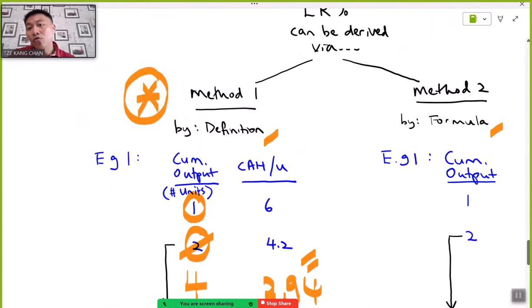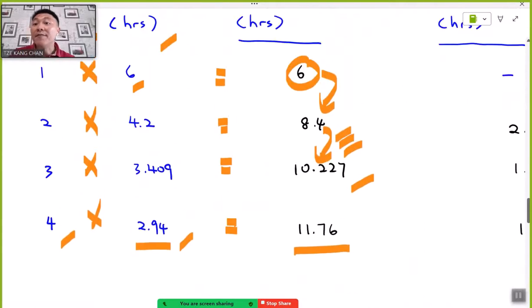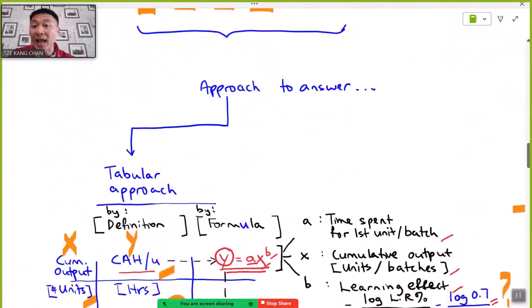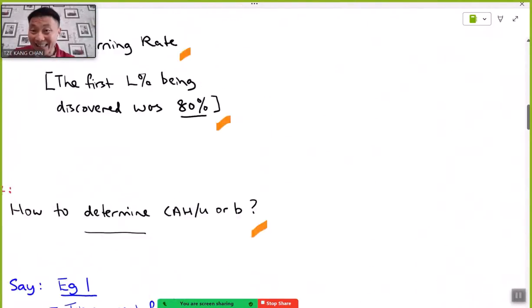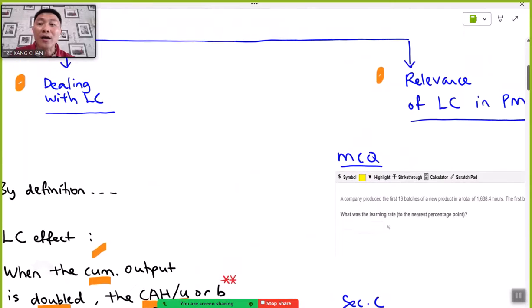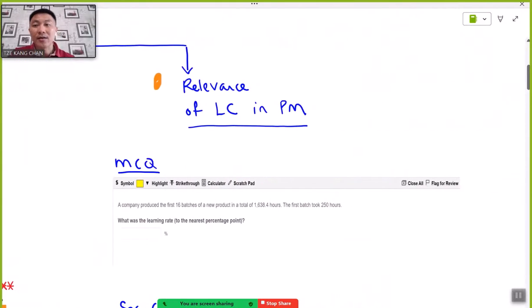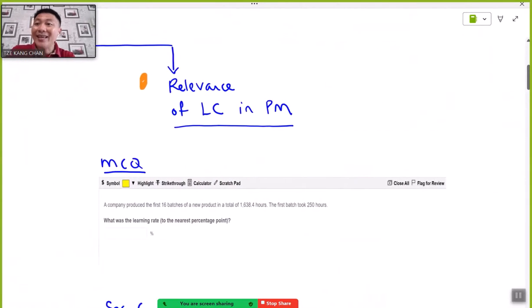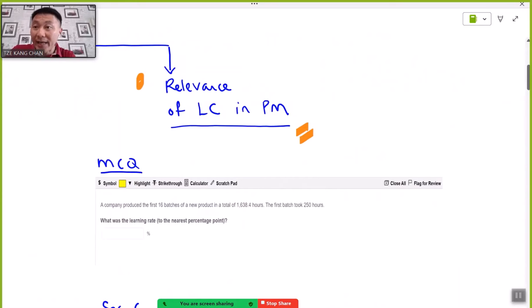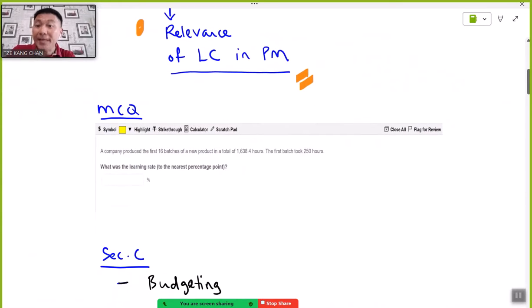Finally, to summarize the 5 sets of questions that will appear in the exam, here is the relevance of the learning curve topic in the performance management exam. Firstly, there will be multiple choice questions, as shown on the screen, asking students to derive the learning rate based upon the information given.